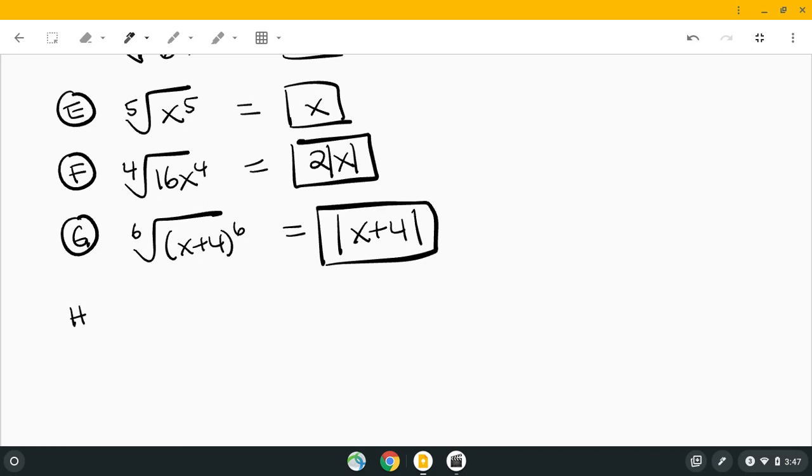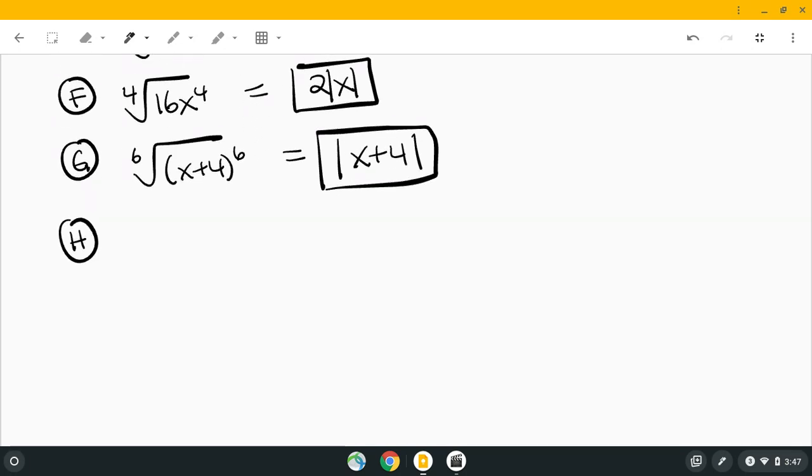And let's take a look at this last one. Fourth root, 81 x to the eighth. Fourth root of 81 is 3.